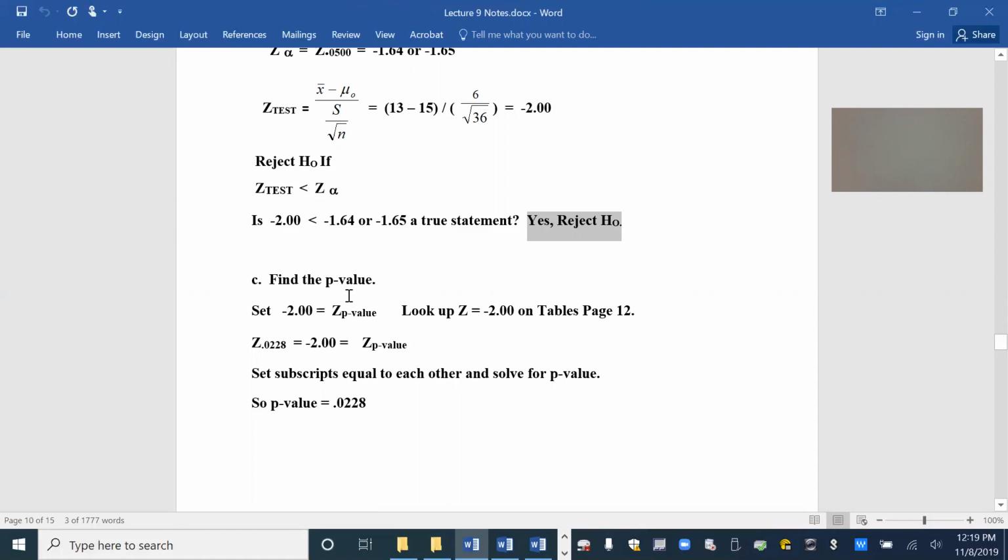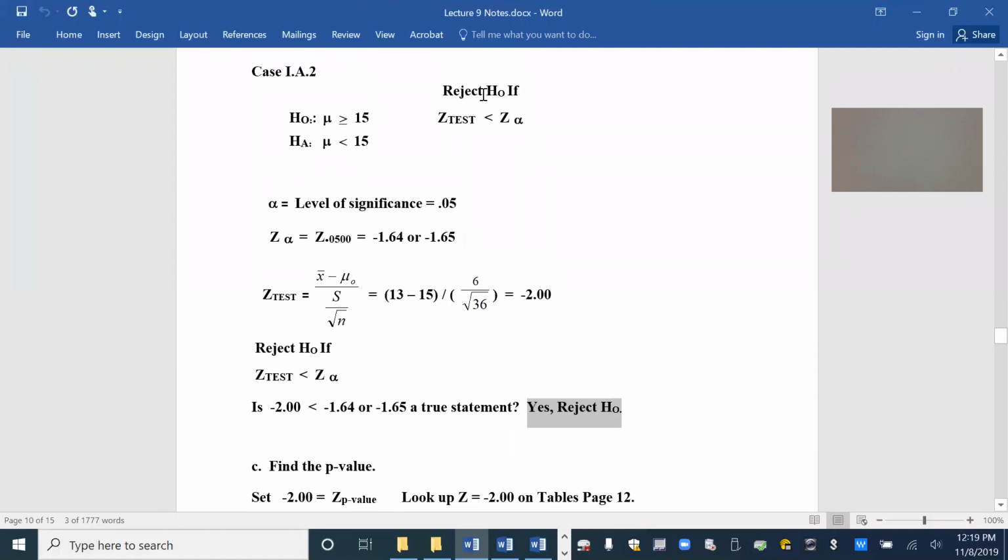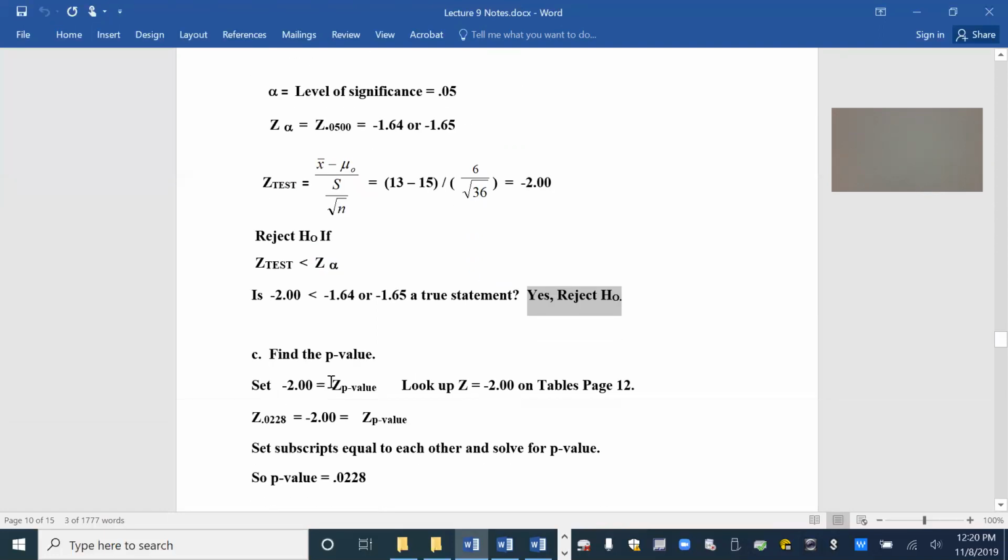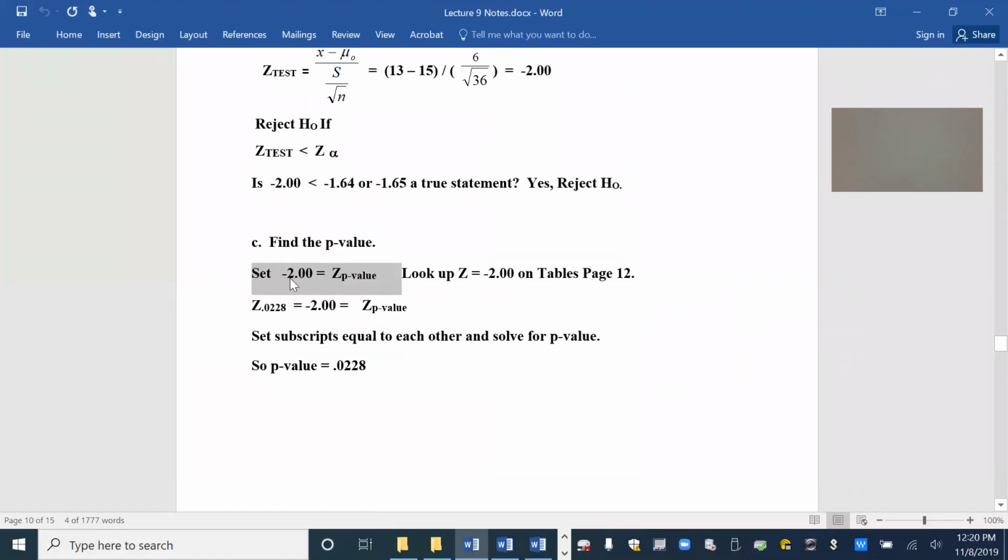You go back here, and instead of alpha, you write p-value, and then you put whatever you got as your z-test, -2, and you make a little equation there. -2 equals z p-value. And then you say, okay, what does p-value have to be?